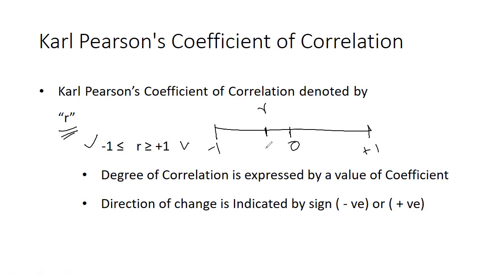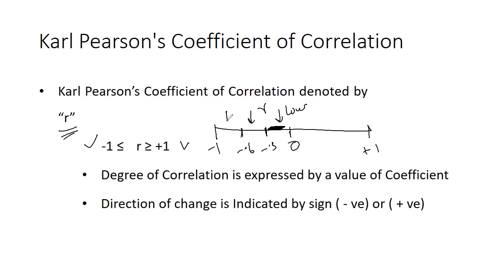If the r value is in the range -0.3, it is a low degree of negative correlation. If it is between -0.6 and -0.3, it is moderate.